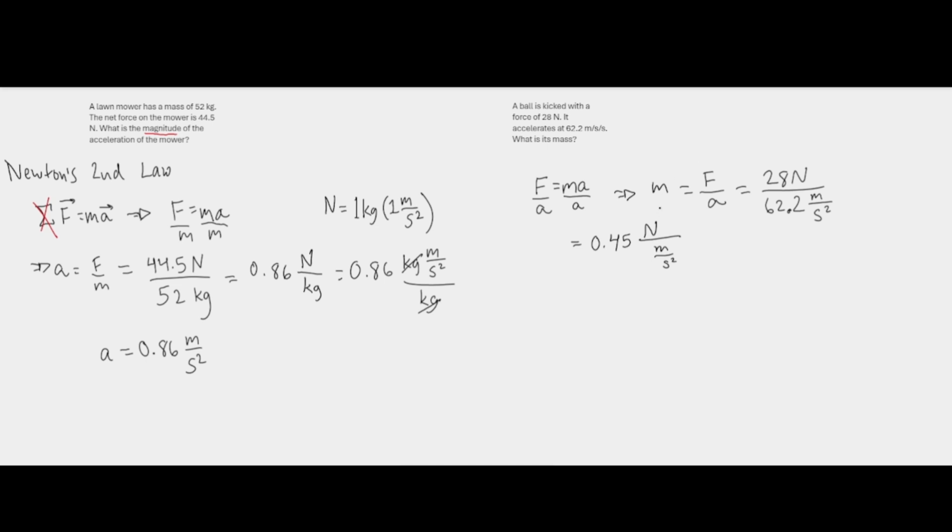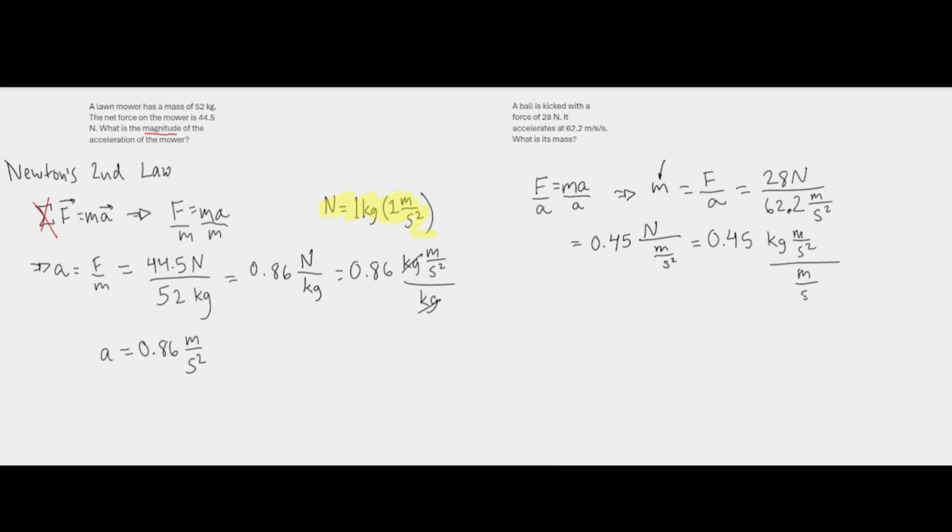And I'm looking at my units here. I should be left with just kilograms. So I know I have mass, and this should hopefully resolve to kilograms. So we refer back to our definition of newtons, which is a kilogram accelerated at 1 meter per second squared. And I can rewrite this then as 0.45 times kilograms meters per second squared divided by, now I have this other meters per second squared here, so this goes in the denominator.